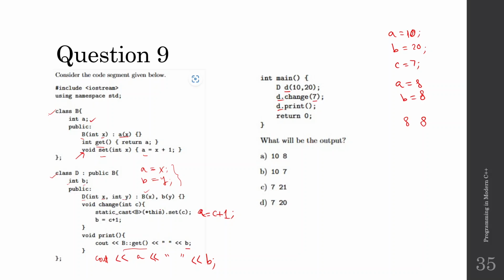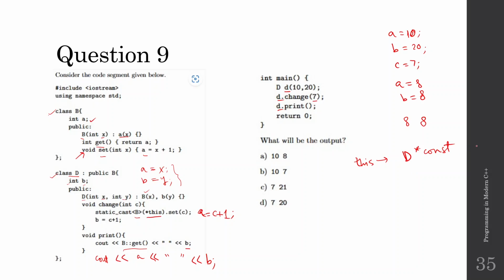Now let us include the static cast and see. We are static casting star this into B type. As you can see, this is written in the D class, so in this class the this pointer will have a type of D star const.